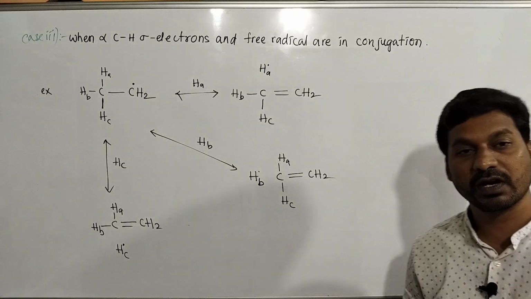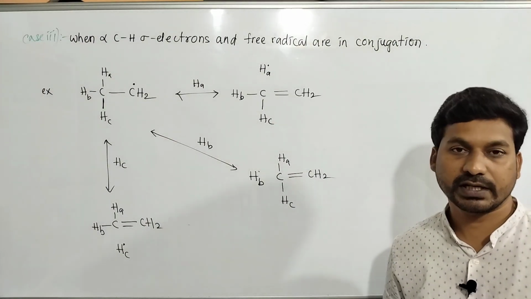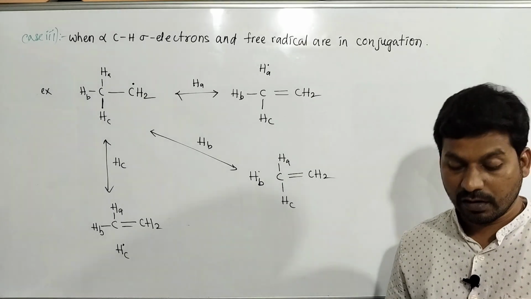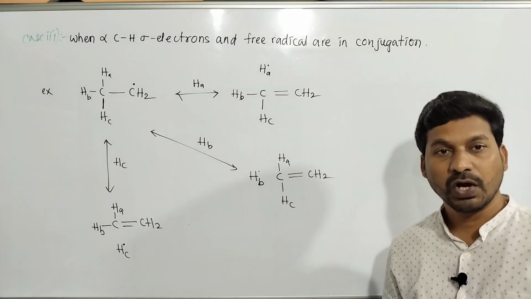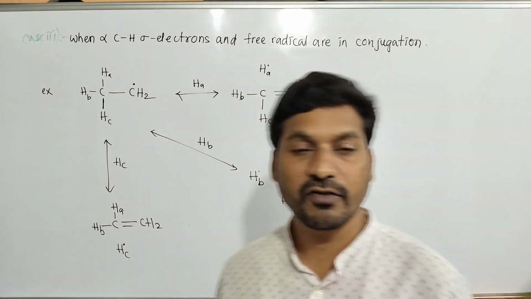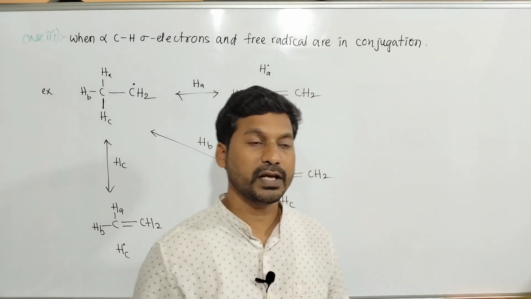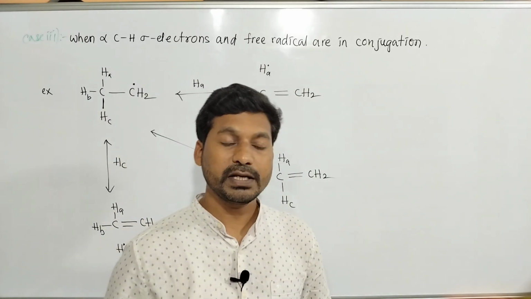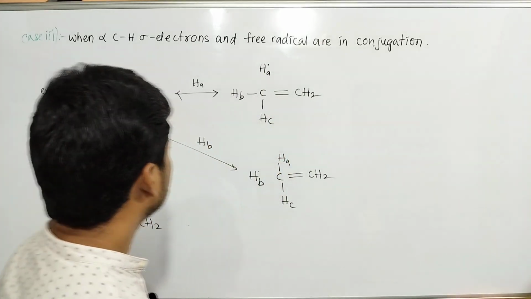That means number of hyperconjugative structures numerically equals number of alpha hydrogen. More the number of alpha hydrogen, more will be delocalization of positive charge, delocalization of free radical, delocalization of pi bond, more will be stability. That is my concept. Okay.